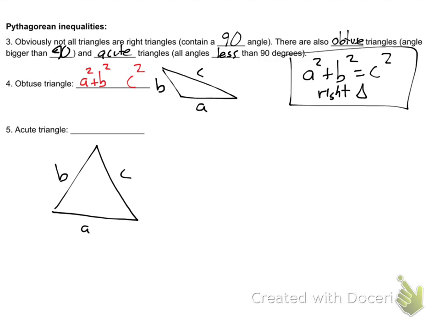If it's obtuse, look at your picture there. C is really big, right? And when you have something that's really big and you square it, it gets bigger. So therefore, if you use Pythagorean's theorem and notice that A squared plus B squared is less than C squared, that means the sides don't have enough length to include C in it.